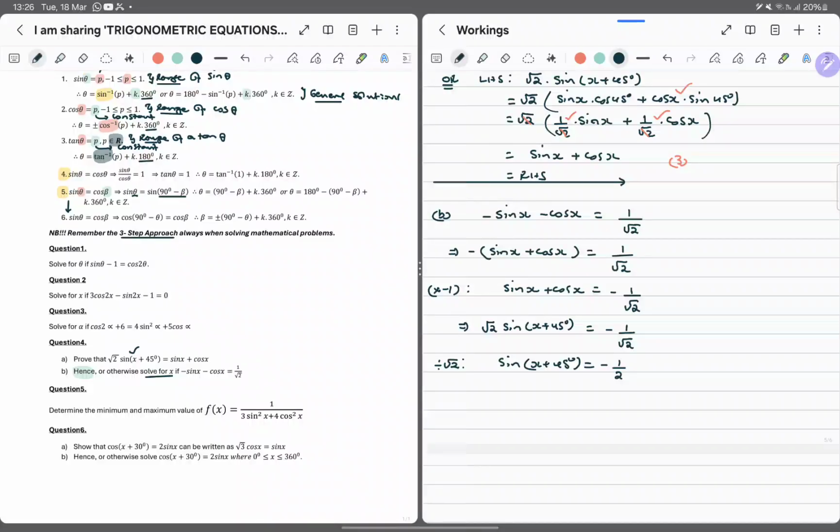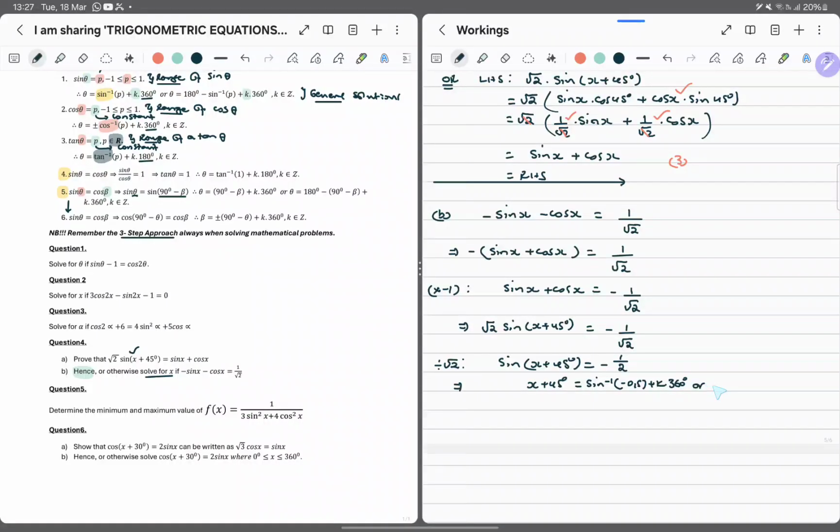Okay, now what we have to do is to say, maybe let me try to make this into one line. This is 1 over 2.